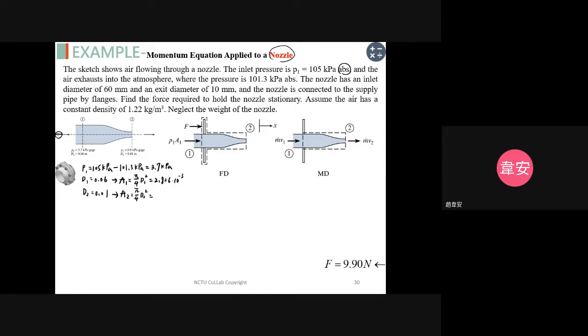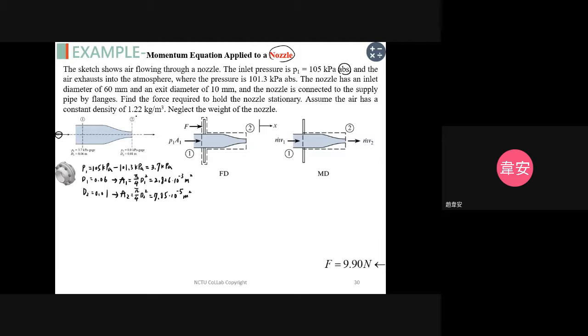That means it is π divided by 4, multiplied by 0.01 and multiplied by 0.01 again. So the cross-section area at point 2 is 7.85 × 10^-5 meter squared.